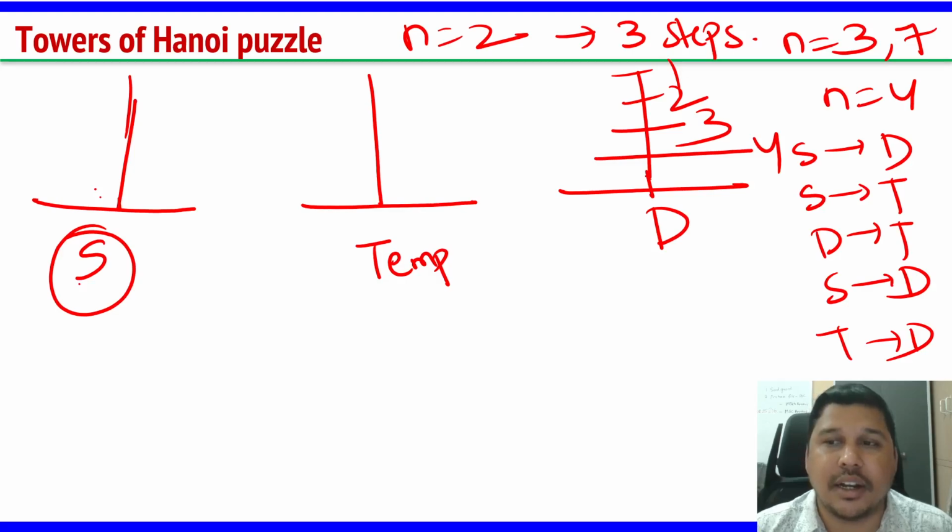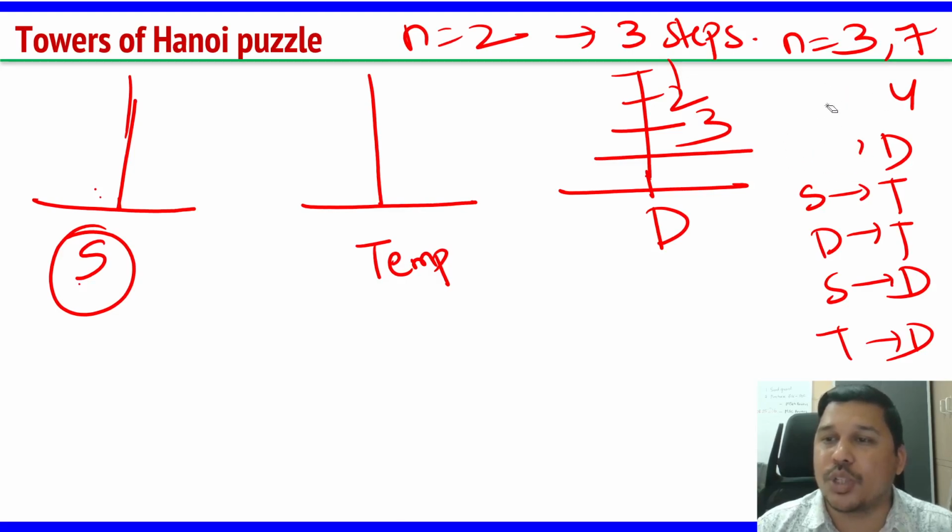What is that process which we have to identify? Let us do the analysis. What is the hidden pattern? How do we write the recursive logic for this? See, if you observe the pattern here, let us write those steps.